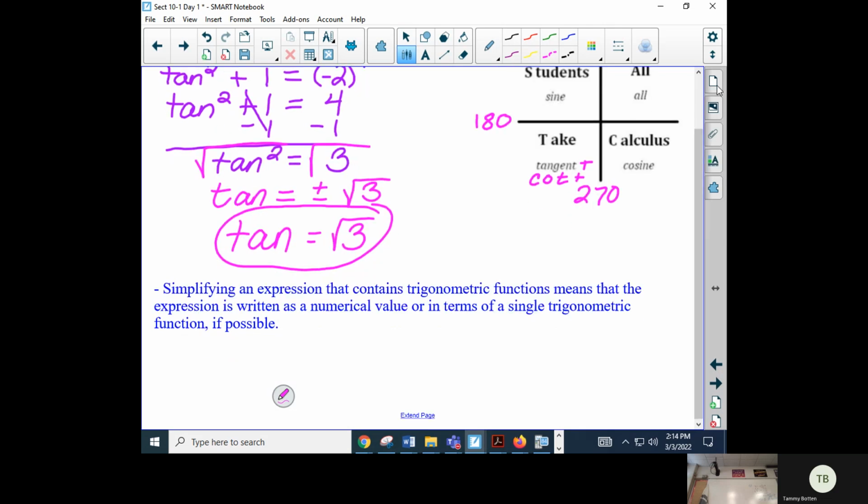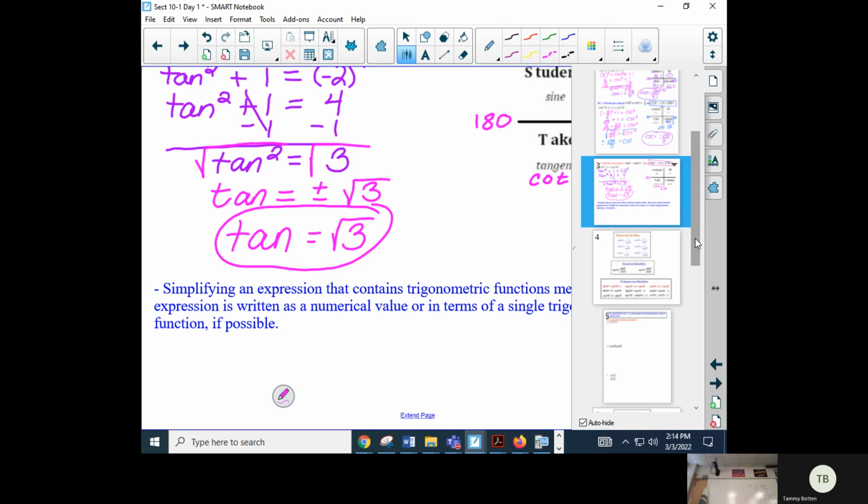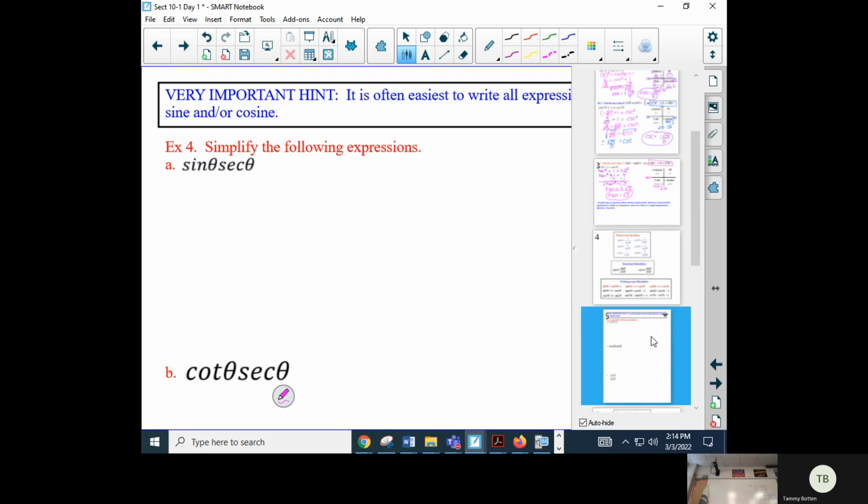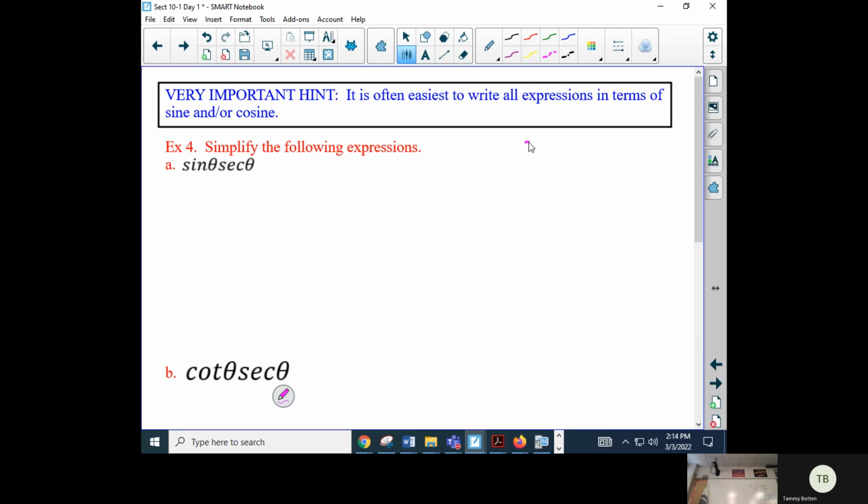All right, so now we're gonna go to, I don't know if you have a page 4, but go to the page that looks like this. I think these are easier than what I just showed you because they're quicker, but we'll see what you guys think, okay? So the rest of the chapter is going to be simplifying different trig ratios, okay?